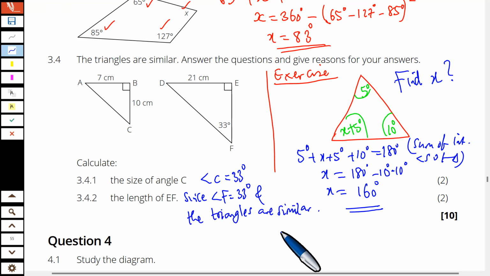Right, so I want you now to find the angle A. What do you think angle A is? Is it the same as 33 degrees? Please come again. The same as 33 degrees?